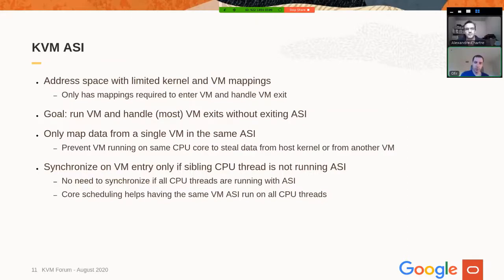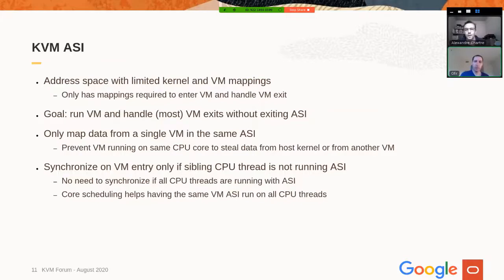The goal is really to be able to run the VM and handle most VM exits, at least the ones we can, without exiting ASI, so that we can loop and stay running safely within the ASI. On an ASI, we are going to only map the data for a single VM. That way we can prevent another VM running on the CPU core from stealing data from another VM or from the host.